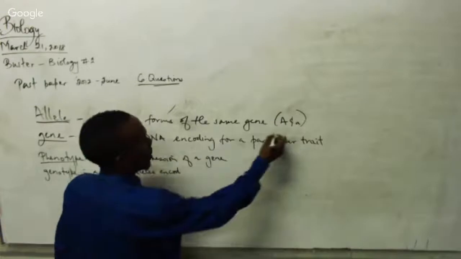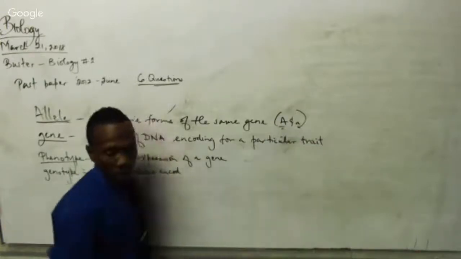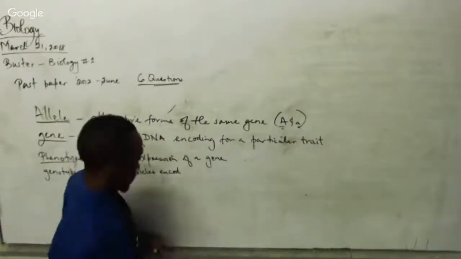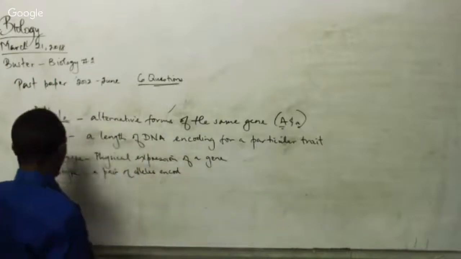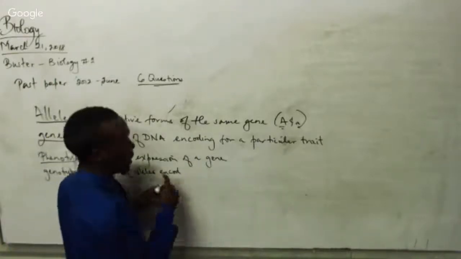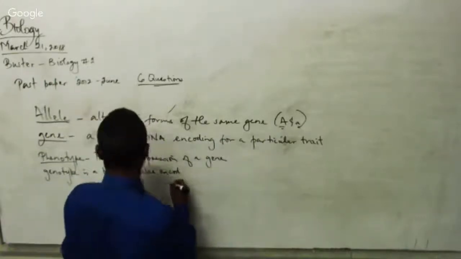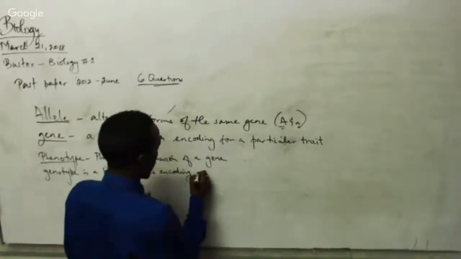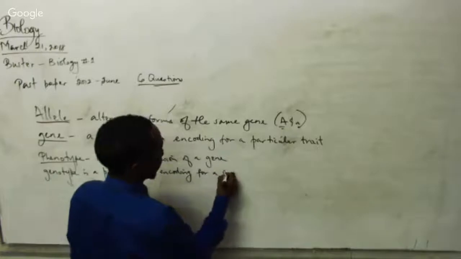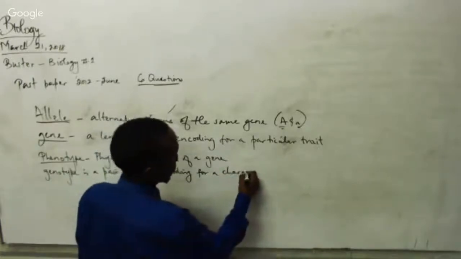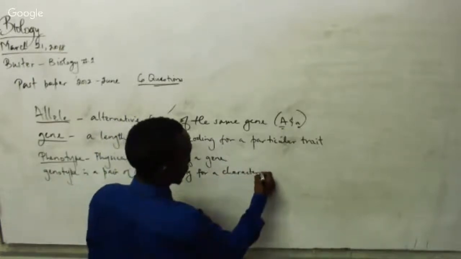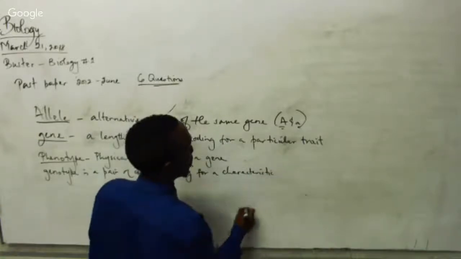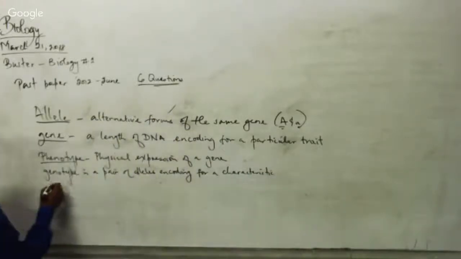No, each of these is an allele, an alternative form. So the genotype is a pair of alleles. The two things together make up the genotype, encoding for a character, a characteristic, same thing.